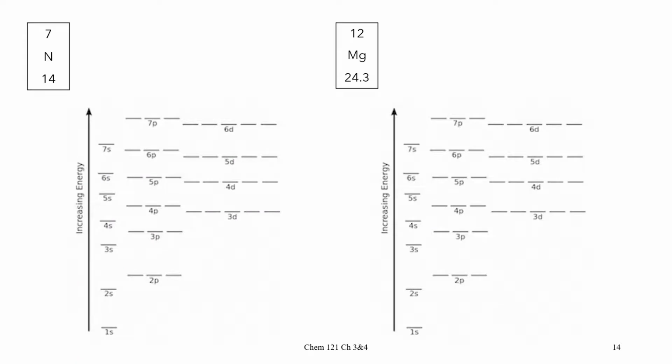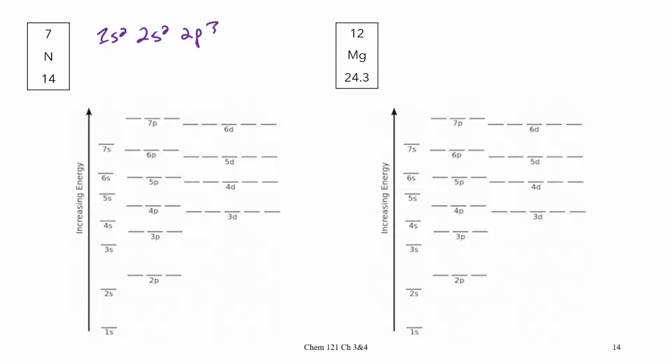So let's say we have nitrogen, and we know the electron configuration for nitrogen is 1s2, 2s2, and 2p3. And if we add those exponents together, we're going to get the 7 for the atomic number, because we know that atomic number is equal to the number of protons or electrons in that given element, as long as they're neutral, or not gaining or losing any.